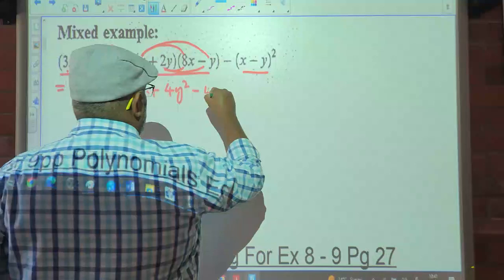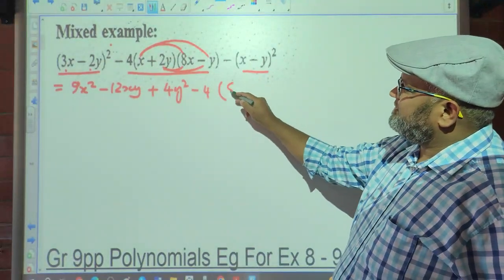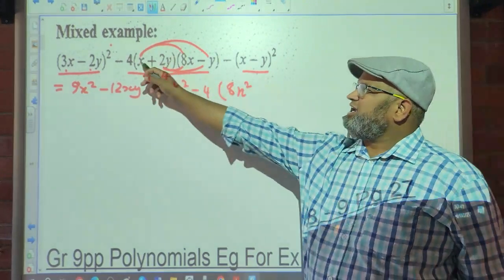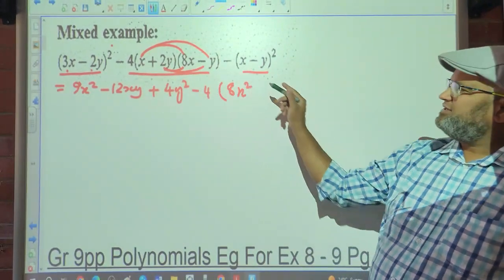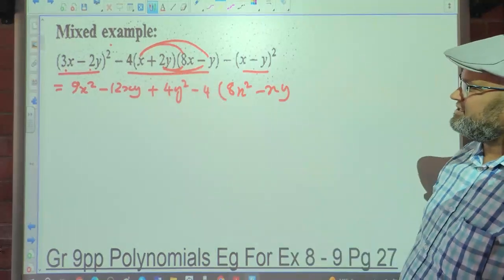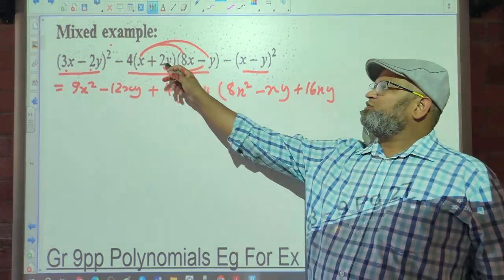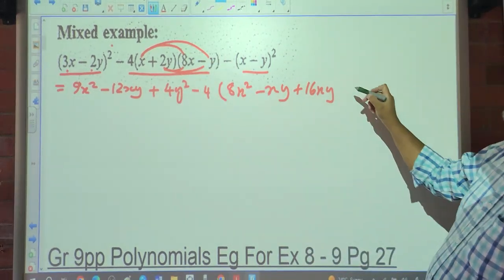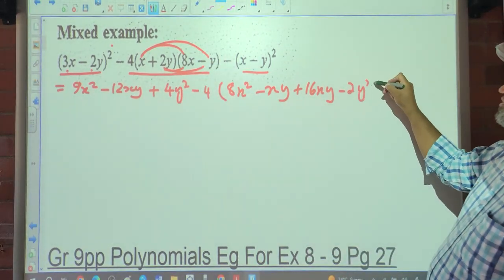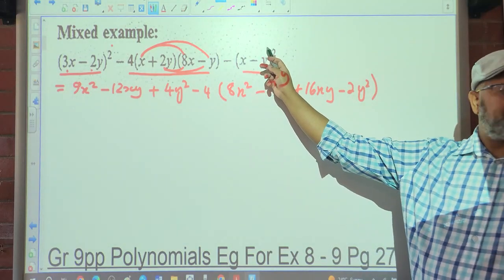So it's going to be negative 4 into, what is x multiplied by 8x? 8x squared. What is x times negative y? Negative xy. What is 2y times 8x? Positive 16xy. And what is 2y multiplied by negative y? Negative 2y squared. And again we have a binomial squared here.